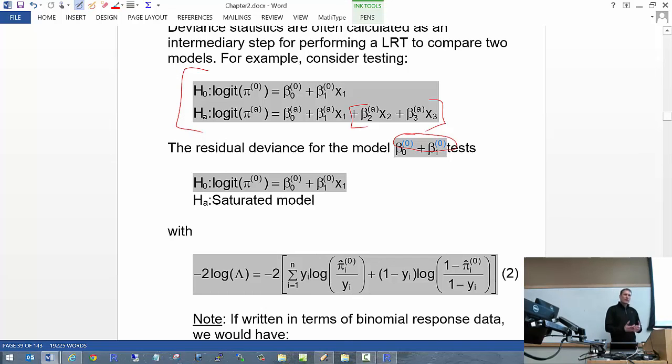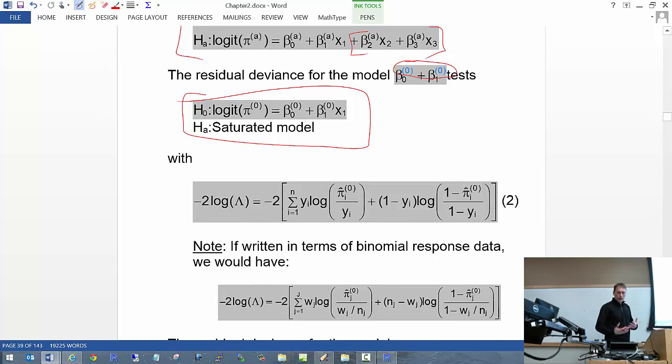Then the residual deviance, if I were to estimate this null hypothesis model, in the output will give me a negative 2 log lambda statistic for this hypothesis test, where I have one explanatory variable and I'm comparing it to a saturated model.